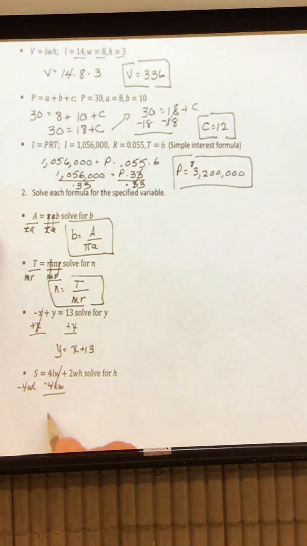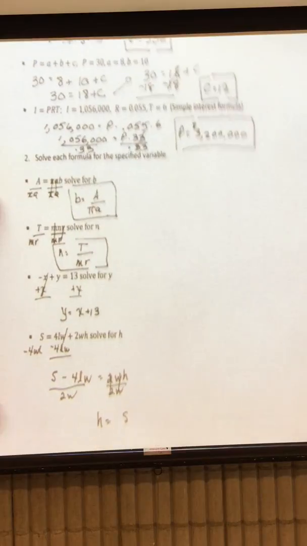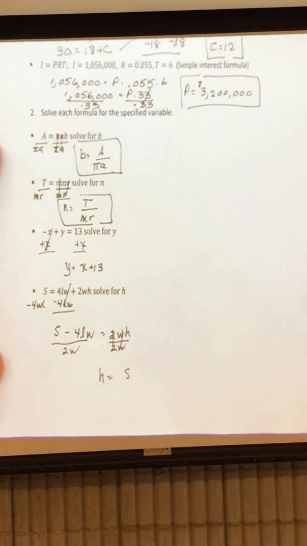So we have S minus 4LW is equal to 2WH. Solving for H, we divide by 2W. So that cancels, we're left with H is equal to S minus 4LW, divide that by 2W. And that is our answer for number 2.